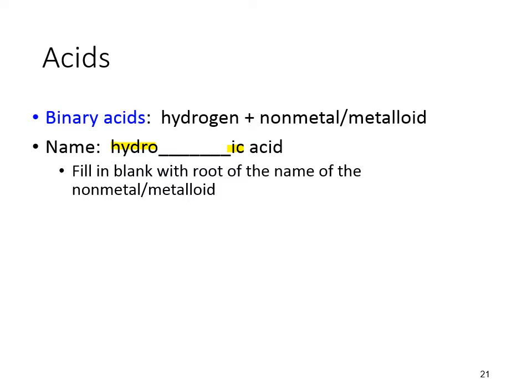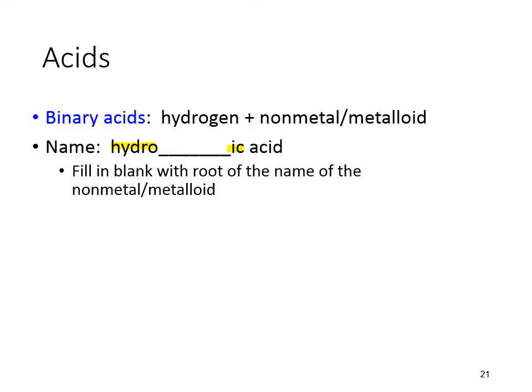So for example, chlor if it's chlorine, brom if it's bromine. Some we actually use a little longer than this root name, like sulfur. We actually use the full word sulfur for acids, or for phosphorus, instead of phos that we use for phosphide, we actually use phosphor in acids.